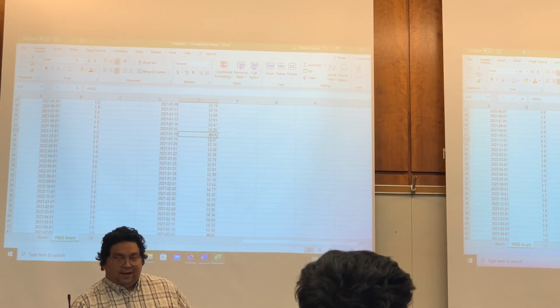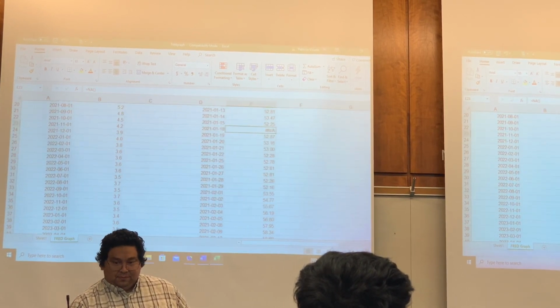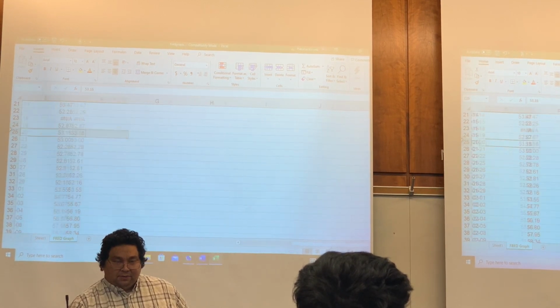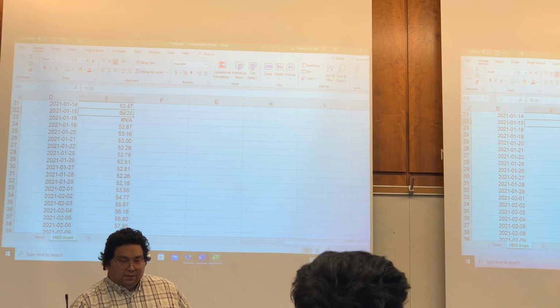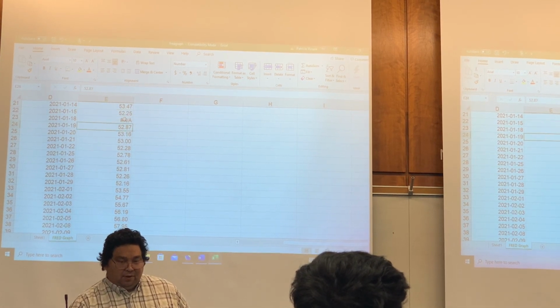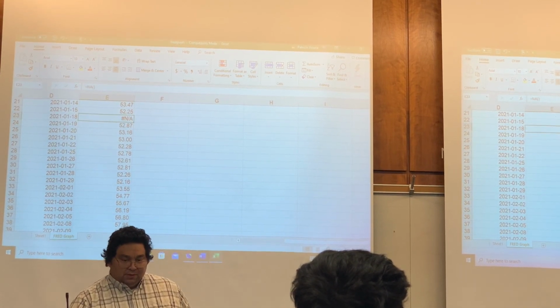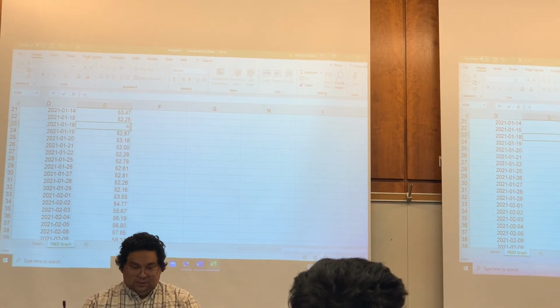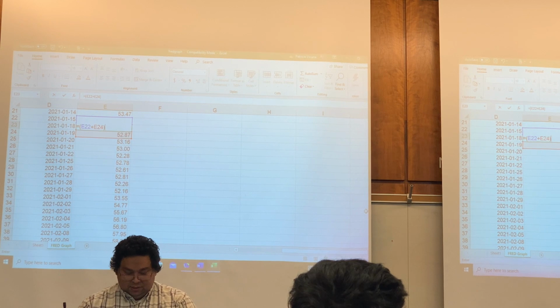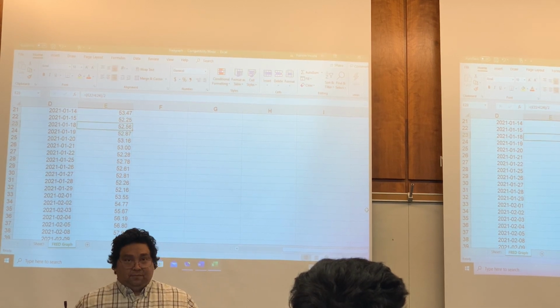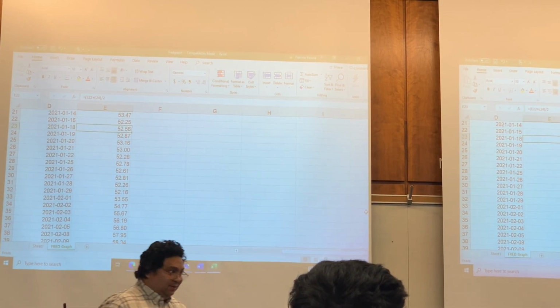NA, we don't have data. However, we have the previous point and the following point before this. So we can create this. The previous plus the following one divided by 2. The average. Does that make sense?